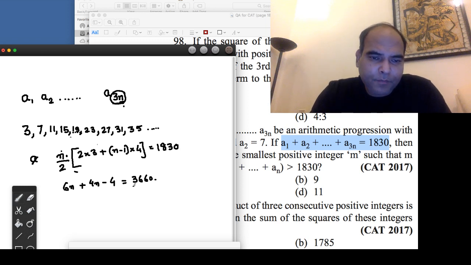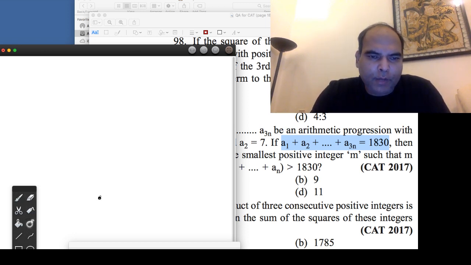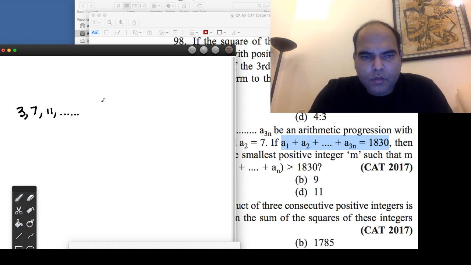But that value for n here in this form would be slightly difficult to do and will unnecessarily take you many steps. Instead of that, what you could do is a small trial and error. So you know that a3n for the series needs to end at a multiple of 3.